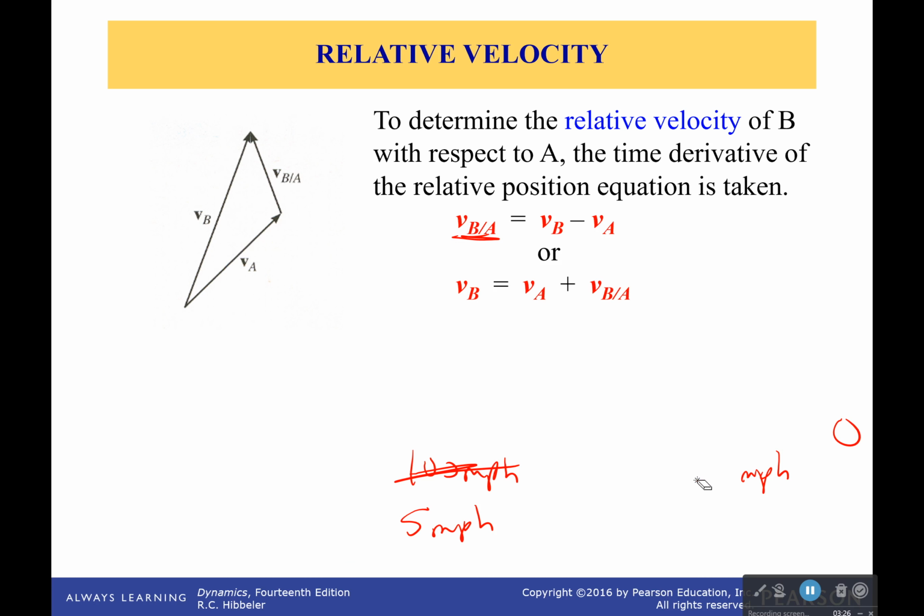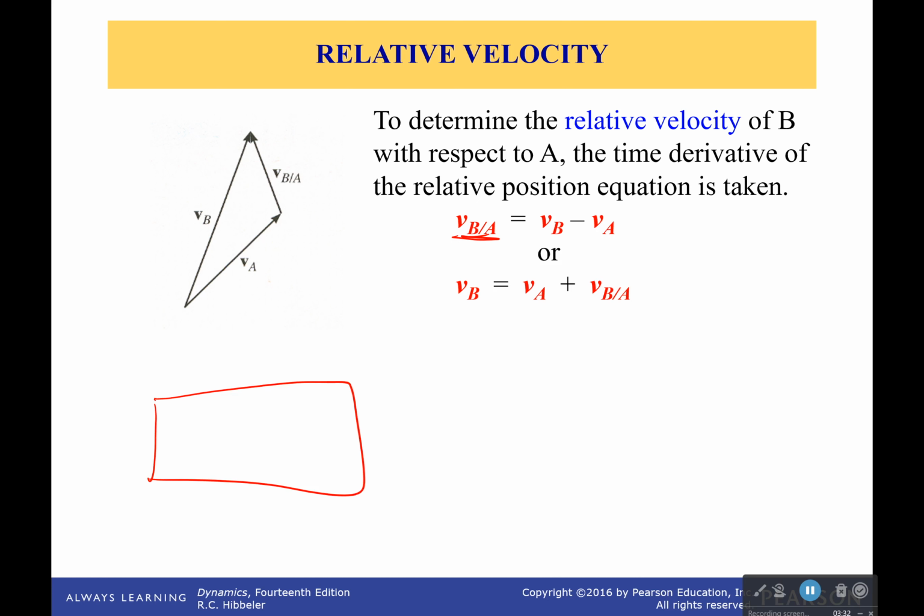So in many cases, we're going to care about relative velocity. Now, hopefully this reminds you of that whole aircraft carrier example where you have planes taking off, and one of them leaves and it's going 200 miles per hour. And this guy right here is going 50 miles per hour. And it says, what's the relative velocity? Well, we just subtract them.